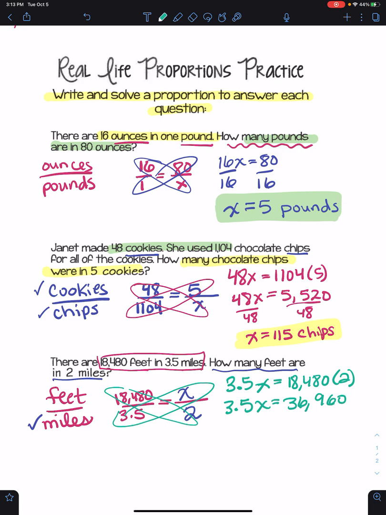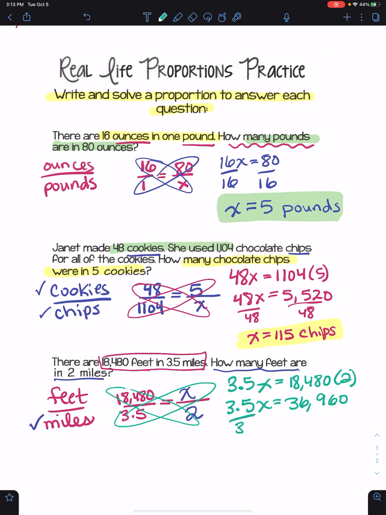And then I have a one-step equation there. So since I have 3.5 times x, I'm going to divide both sides by 3.5 to find out what x is. In my calculator, I'm going to do 36,960 divided by 3.5 to get 10,560. This is how many feet are in 2 miles.